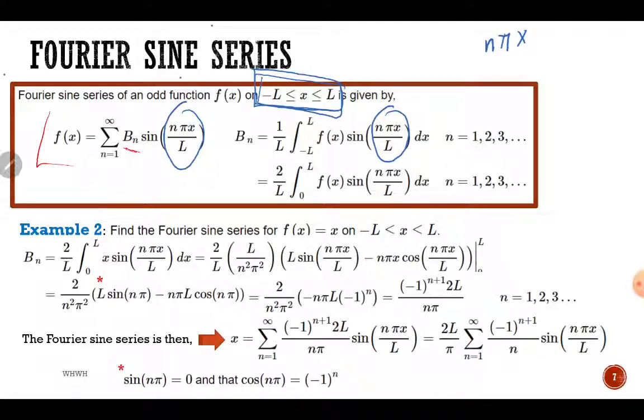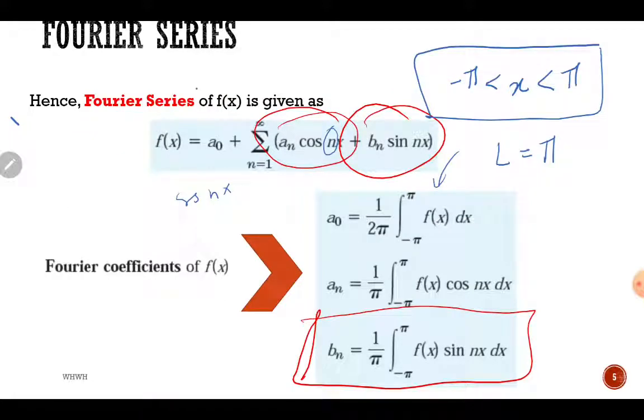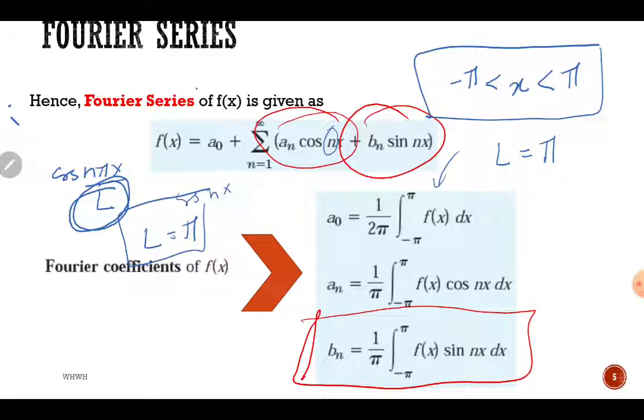Why? Because n pi x over L. The original formula is actually cos n pi x over L as well. But for this case, our L is equal to what? Equal to pi. Okay, our L is equal to pi. So that's why when we substitute L equal to pi into n pi x over L, it becomes just cos nx.